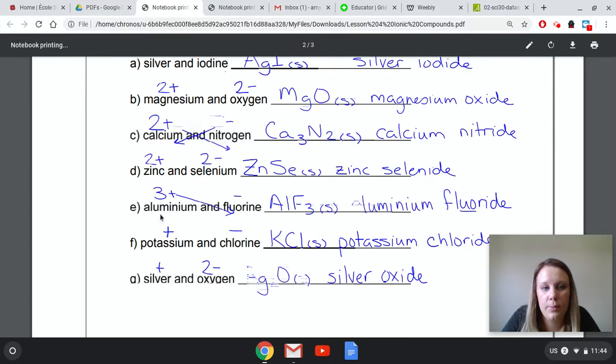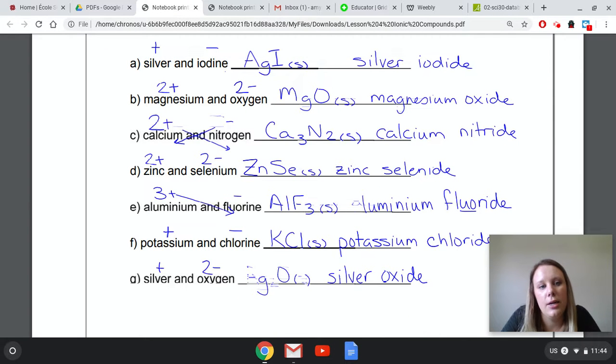Next one, we have aluminium and fluorine. So aluminium has a charge of 3 plus, and fluorine is negative 1. So this is one where I would start by writing Al and F with nothing, and then I think the 3 belongs to aluminum. So the way that I'm going to balance this is by writing the 3 behind fluorine.